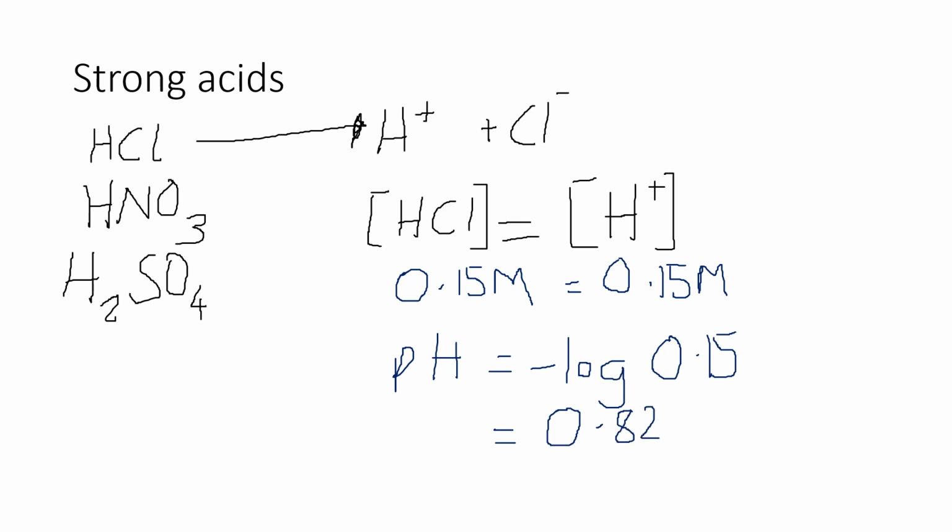And pH has no units. So to summarize, if you have a strong acid, it fully dissociates into H+ ions, and therefore if you know the concentration of the acid, you can just find that on the bottle. You know the concentration of the H+ ions, and therefore you can calculate the pH very straightforwardly.